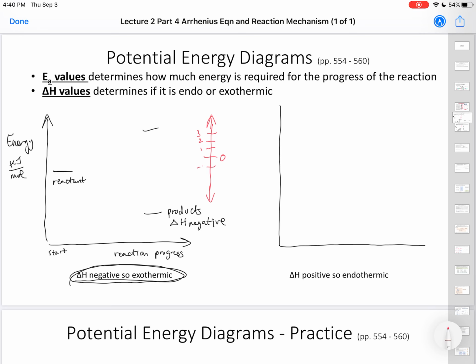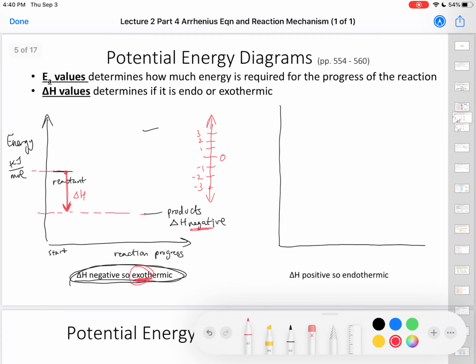If you're going down, it's -1, -2, -3. As you're going from the reactants to the products, the difference is your delta H, and because the arrow is pointing down, you're getting more negative: exothermic. Exo is negative.